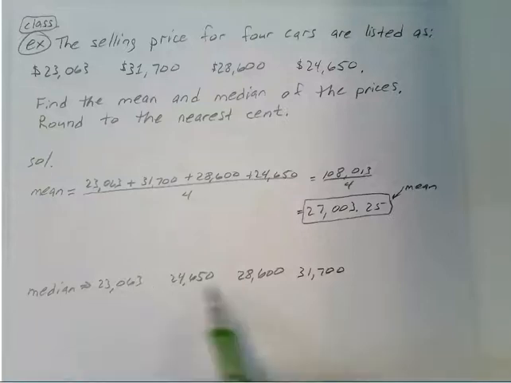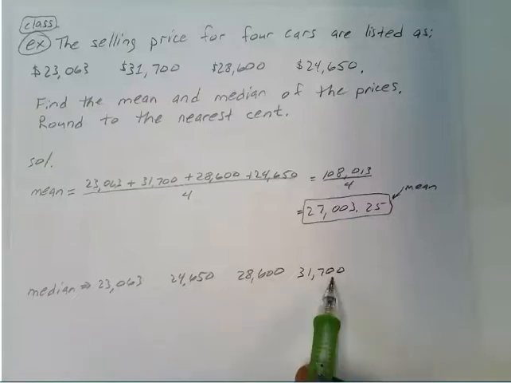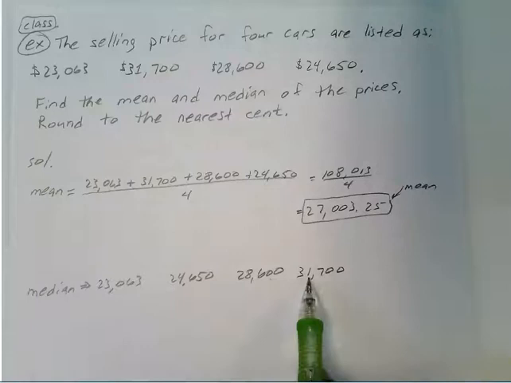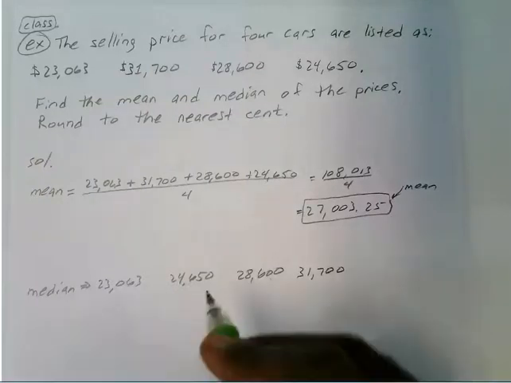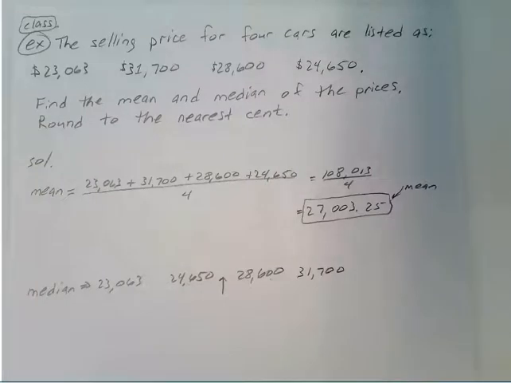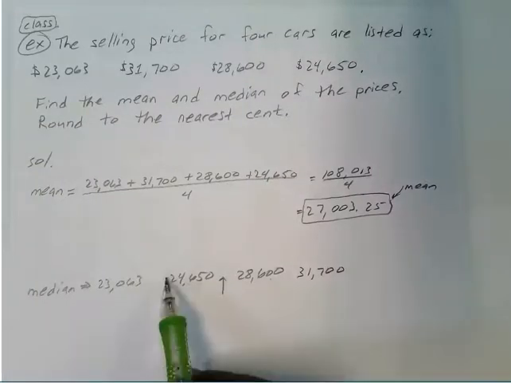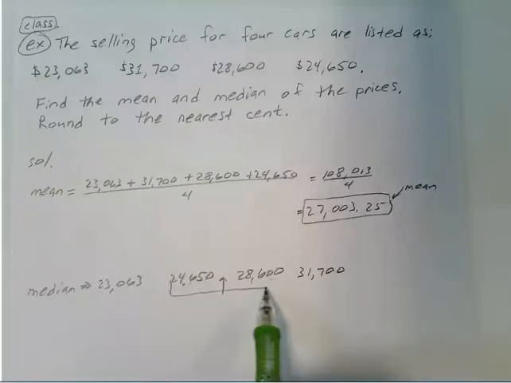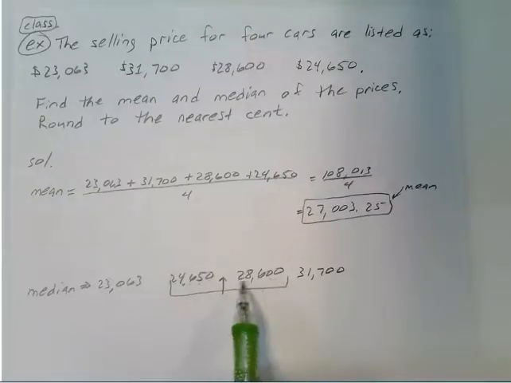Here you notice there's no value in the middle. You have 4 here. This is not in the middle because you have 2 on this side and 1 on this side, and the same for this one. So your median has to be in between there. What we do is get the 2 middle numbers and find the mean of those 2 middle numbers. In other words, we add these 2 and divide by 2.